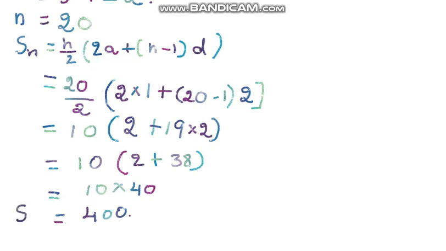Therefore the value of S20, the sum of the first 20 terms, is 400 for this given arithmetic progression.